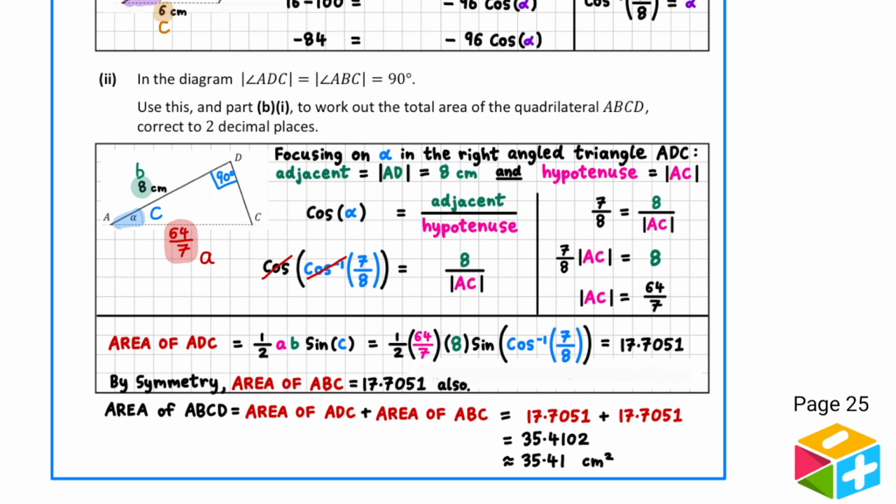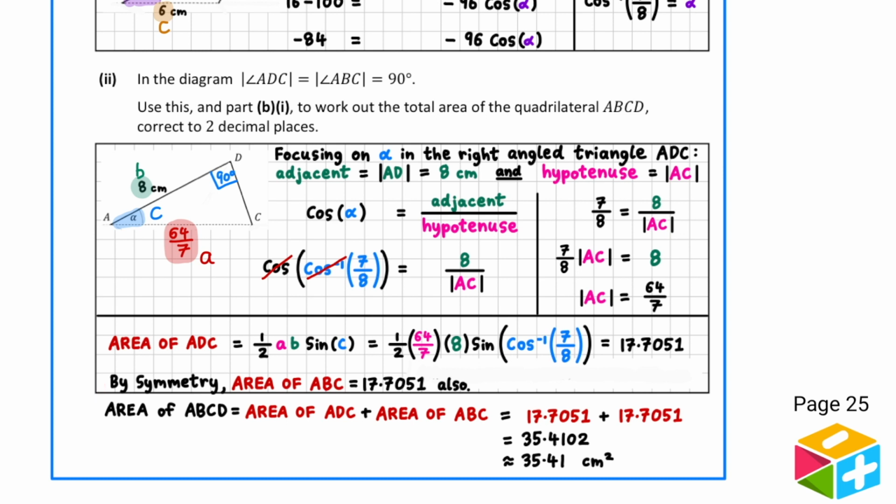We were asked to find the total area of the quadrilateral ABCD. But as we mentioned earlier, this shape is split evenly into two halves, an upper triangle, ADC, and a lower triangle, ABC. We've just found that the area of the upper triangle was 17.7051, and by symmetry, the area of the lower triangle will be the exact same.